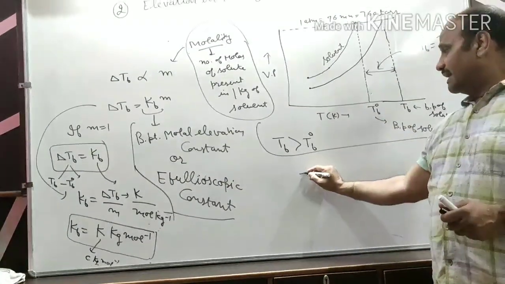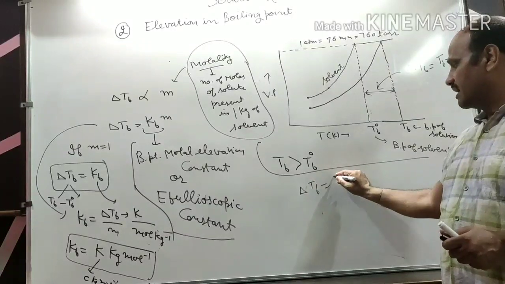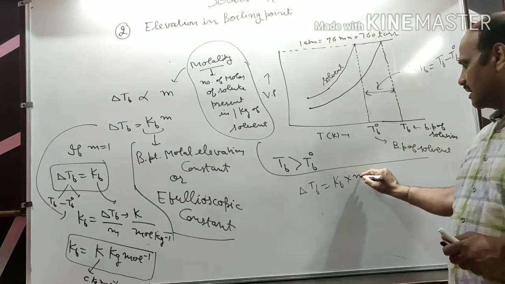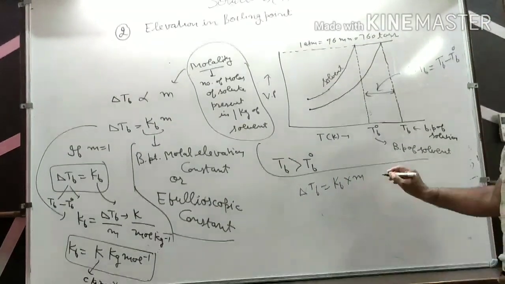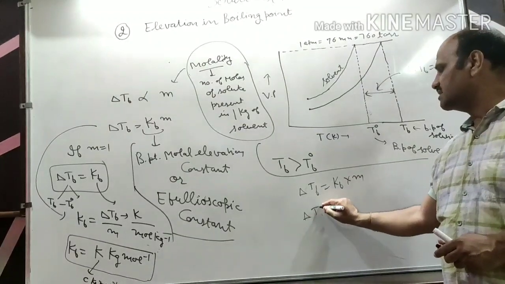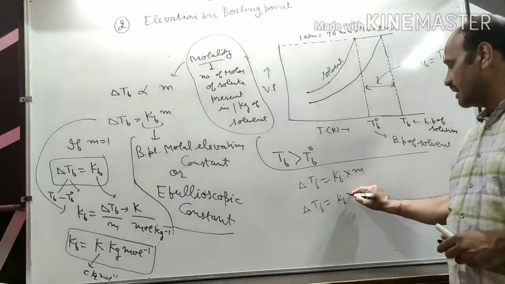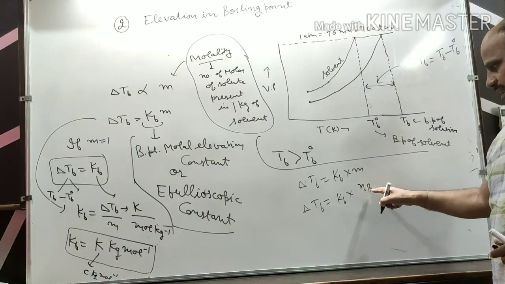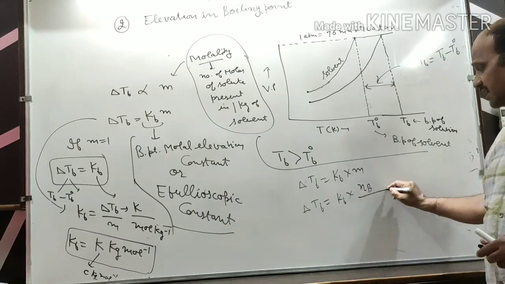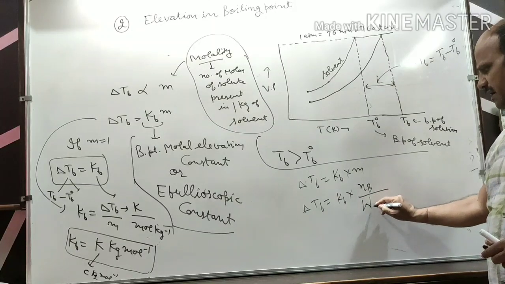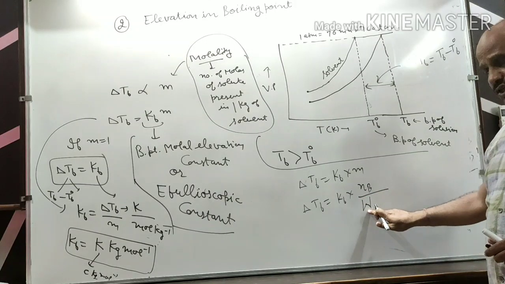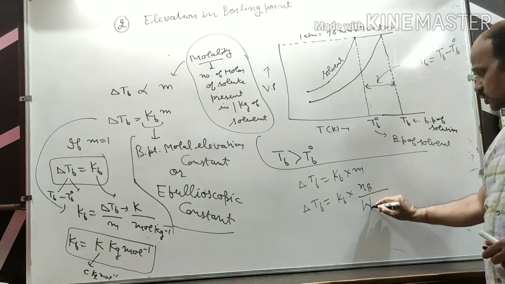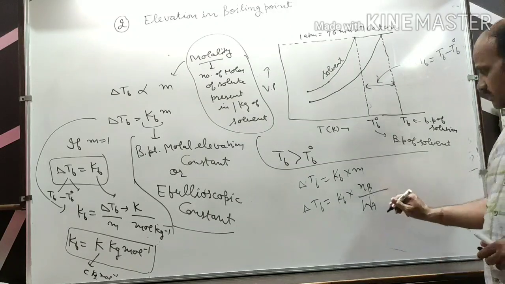We know delta TB is equal to what? KB into m. m is molality. Explain it. Delta TB is equal to KB and molality, number of moles of solute present in 1 kg of solvent. kg of solvent mass के लिए क्या था W and solvent के लिए क्या है A. That is K moles.